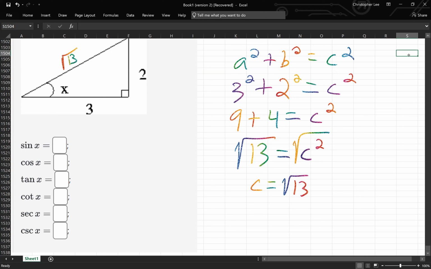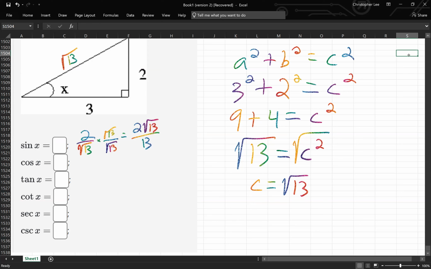All right, help me out. What's sine of x? Exactly, 2 over square root 13. But as you know, that's illegal, so I have to rationalize the denominator, multiply by square root 13 over square root 13. So this is 2 square root 13 over 13.